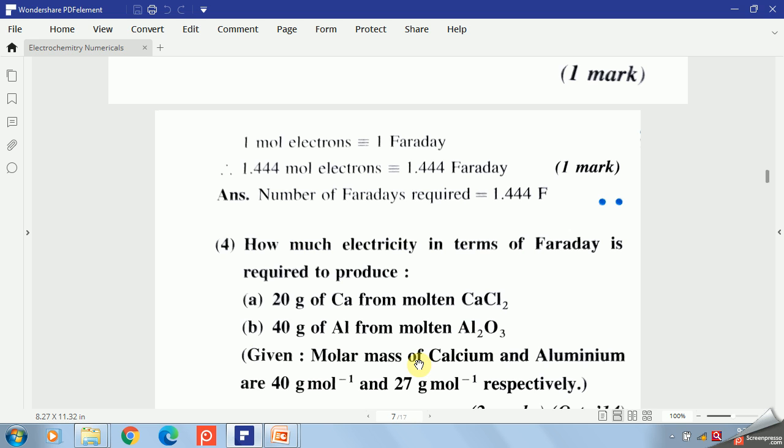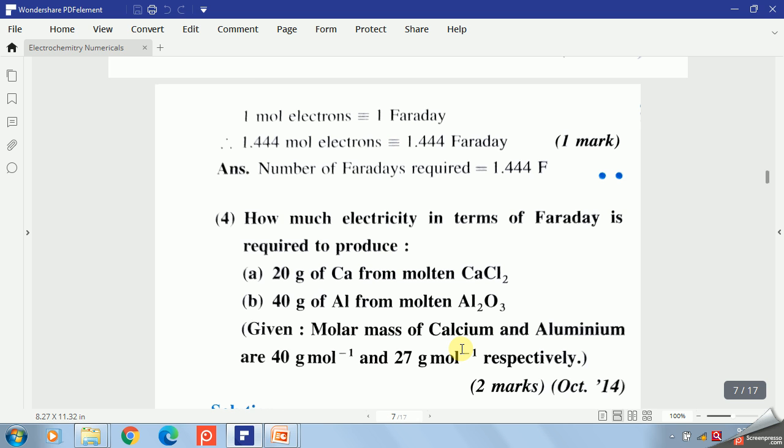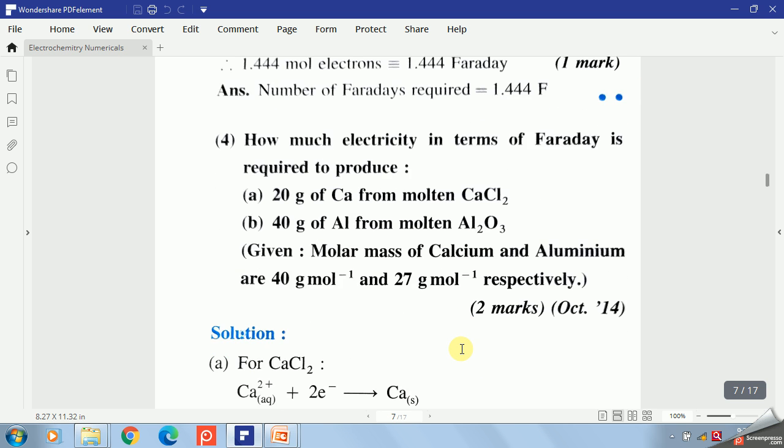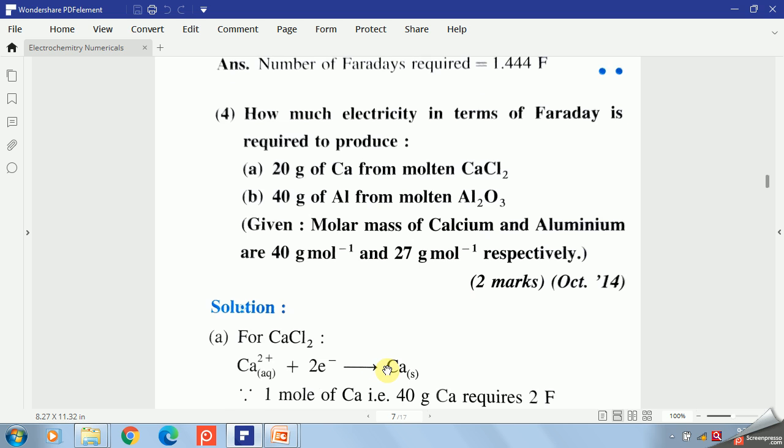So Ca is 2 plus, so definitely when it gets deposited, Ca2 plus plus 2 electrons gives Ca, and Al is 3 plus, 3 electrons gives Al. So these are the reactions. Okay. So 1 mole of calcium, that is molar mass 40 gram per mole, requires 2 moles of electrons, that means 2 Faraday. 1 mole electron corresponds to 1 Faraday, 2 moles electron correspond to 2 Faraday.